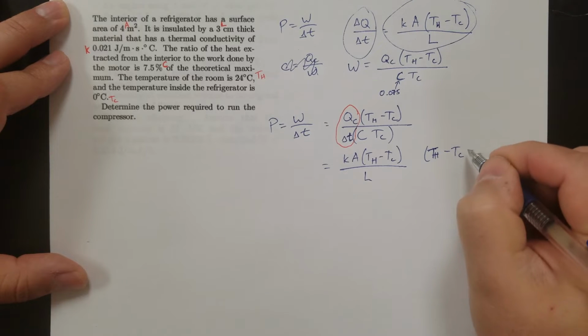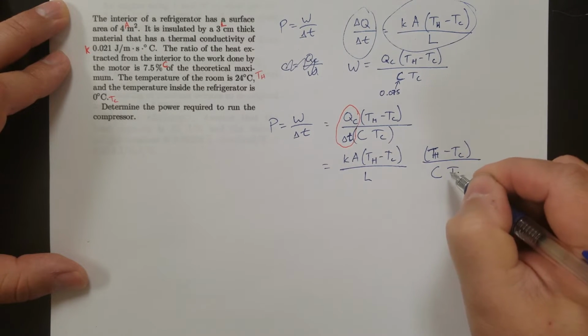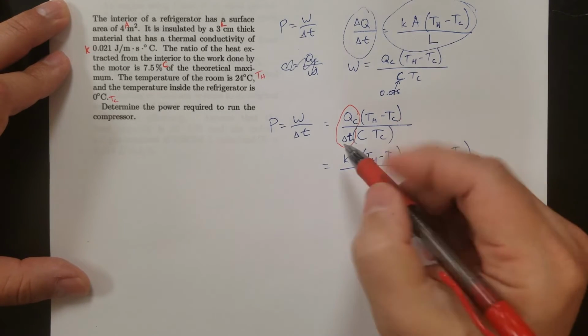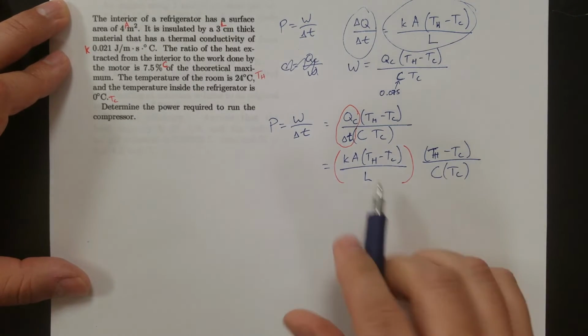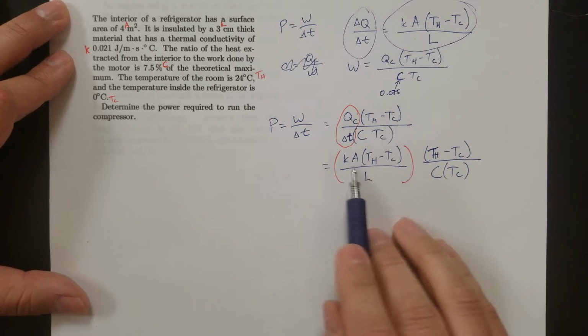That looks ugly. Over coefficient times T cold, right? I just swapped in this for that, because I don't know Q and T, but I do know all this stuff.